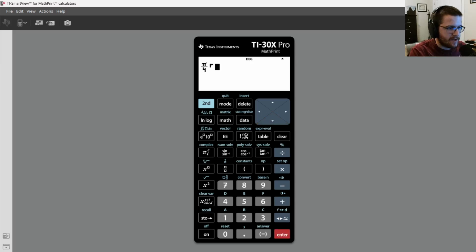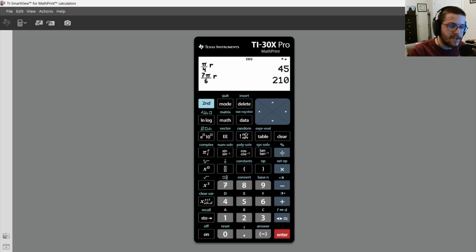And because the calculator is in degrees, it will convert it into degrees. So let's press enter. We get 45 degrees. And now let's do the same thing with 7 pi over 6. So 7 pi over 6, and then press math, right. You can just press 4 if you want, but I like to scroll down the menu. It doesn't bother me that much. So we got 45 degrees and 210 degrees.